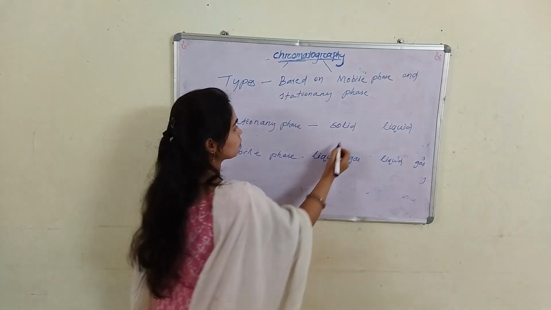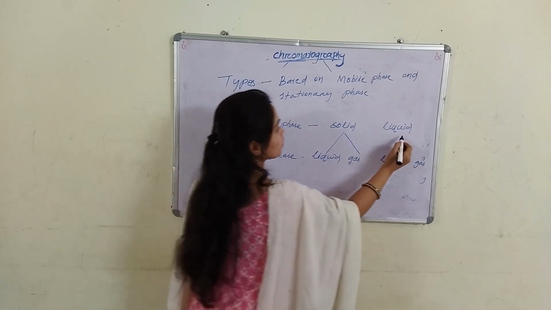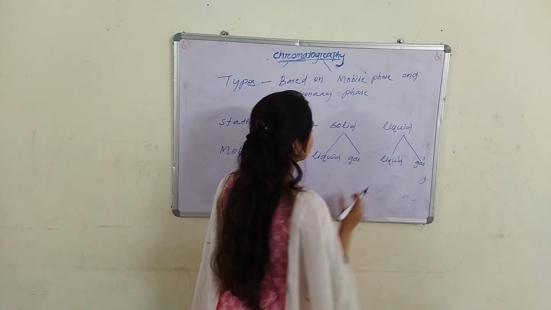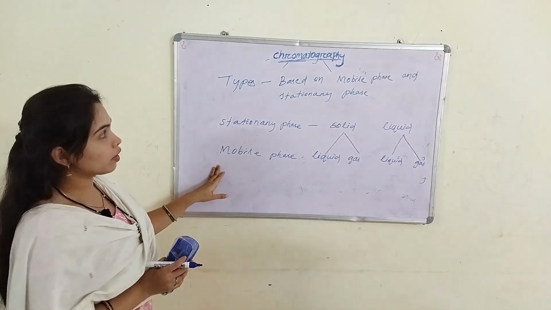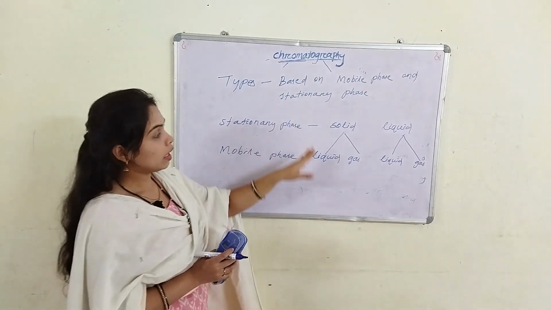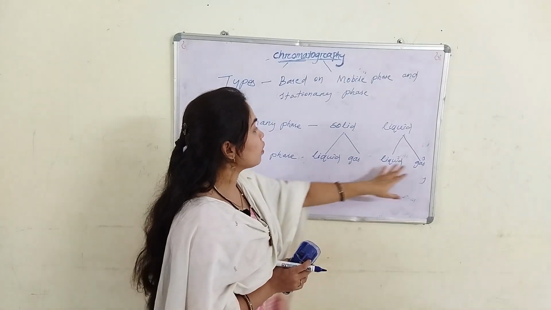So depending upon the mobile phase and stationary phase, chromatography is divided into four types.